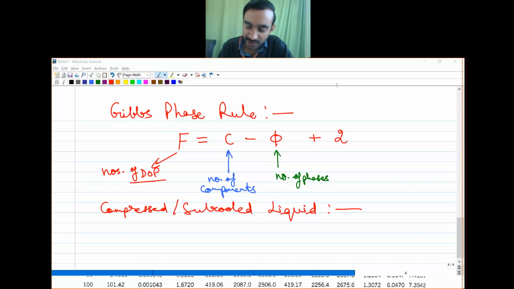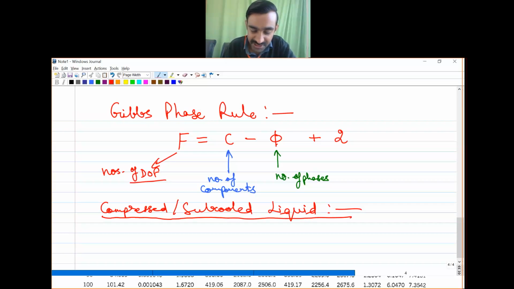C is our number of components, and phi is our number of phases. Now I would like to demonstrate this rule with the help of one example, in which we will take up a case of some substance in compressed or subcooled liquid state.